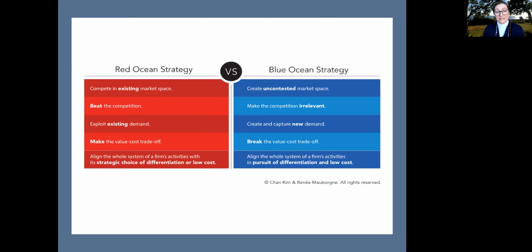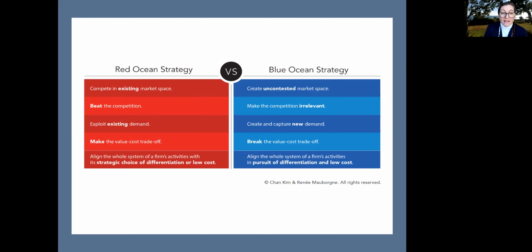Now, this takes a high level of innovation, but instead of focusing on beating the competition, you're making the competition irrelevant instead. Instead of trying to acquire customers and market share from the industry and the existing level of demand, you're going to create new demand.